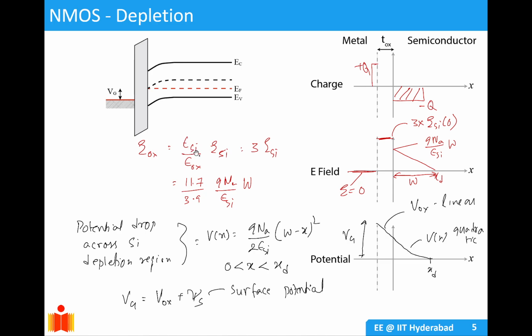Epsilon Si is 11.7, epsilon SiO2 is 3.9, so this is around 3 times. So the electric field in the oxide will be around 3 times the value of the electric field at the semiconductor interface. The semiconductor electric field we have calculated as q Na by epsilon Si times W, so the oxide field will be 3 times that value.